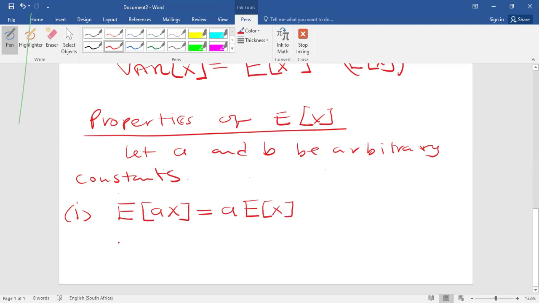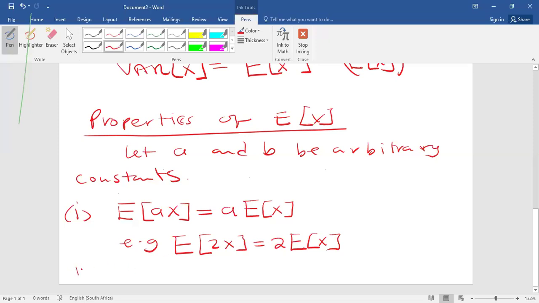For example, if you have the expected value of 2X, you can bring this 2 outside and have 2 times the expected value of that random variable. That is property number one. Any questions before I proceed to the next property?